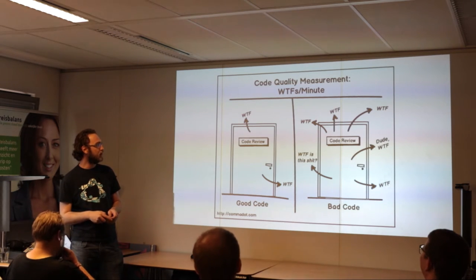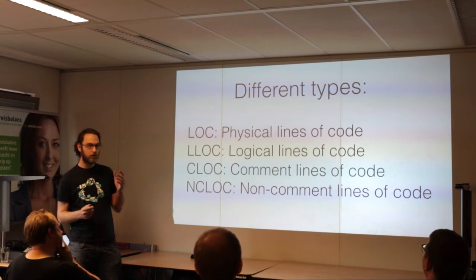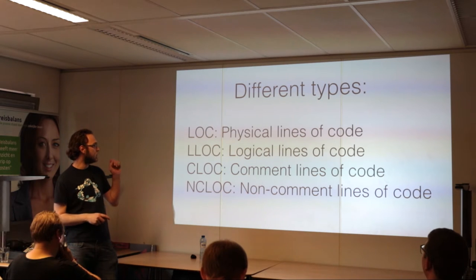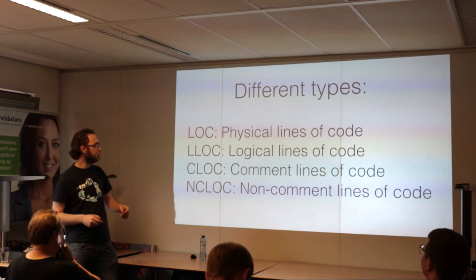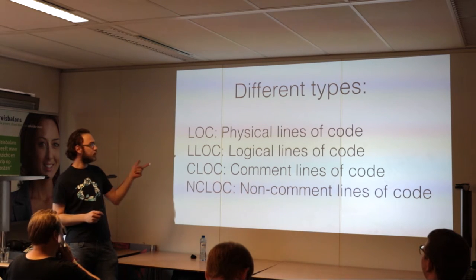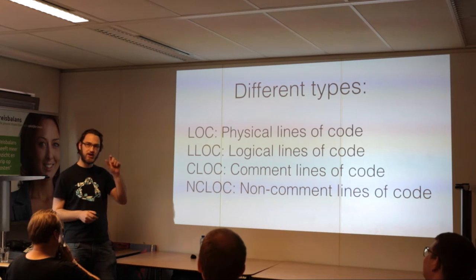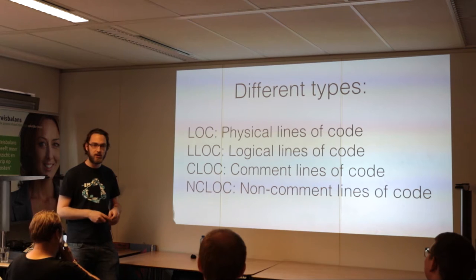I think you know this one, but for a definition, you have a few different types. You have more, but these are the basic ones for lines of code. You have physical lines of code, namely the 7 in the first example. Logical lines of code, where the PHP open tag is also counted, you could say.